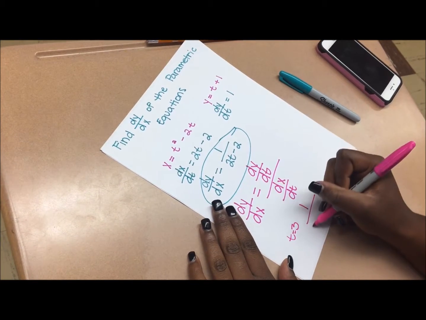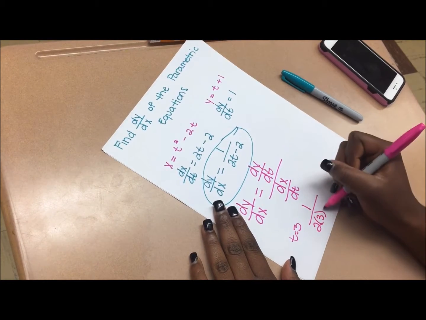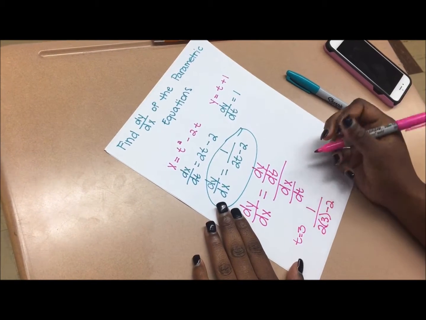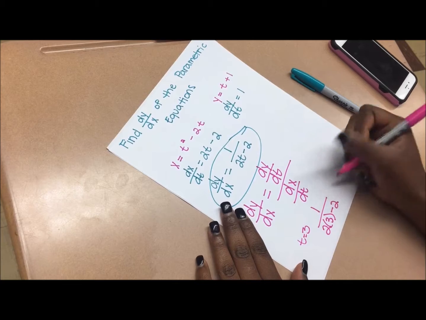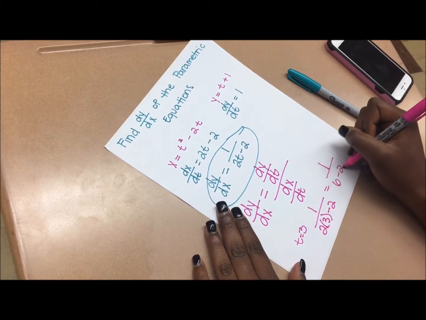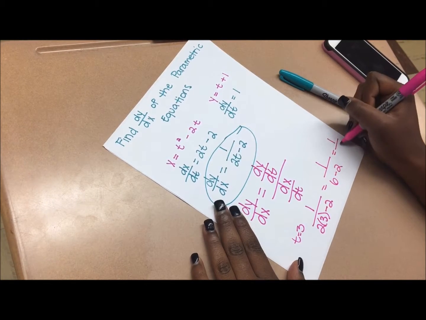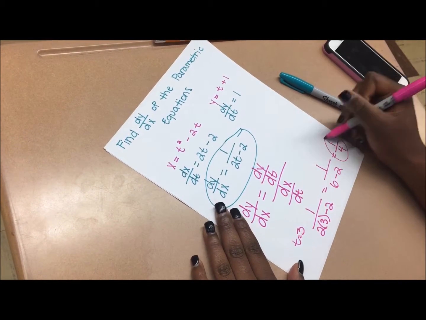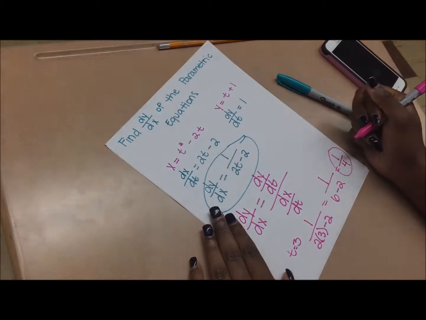It'll be 1 over 2 times 3 minus 2. And for PEMDAS, you multiply first. So it's going to be 1 over 6 minus 2, which equals 1/4. So the slope would equal 1/4.